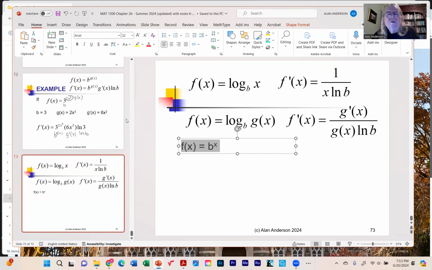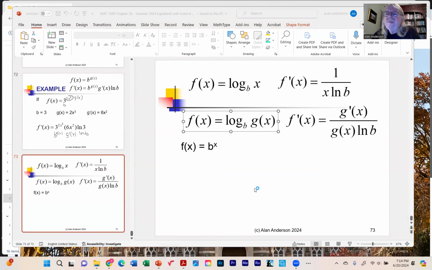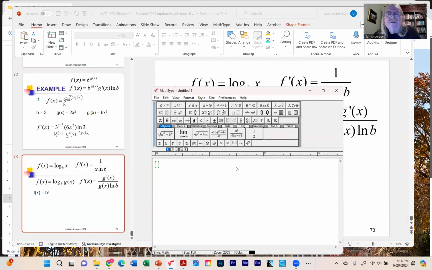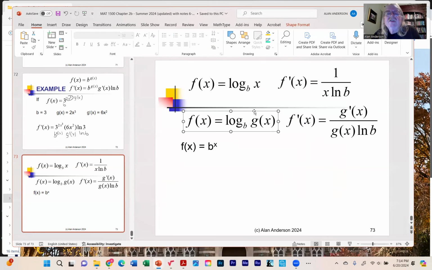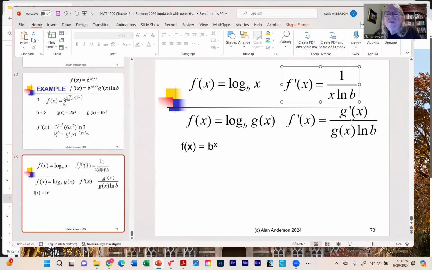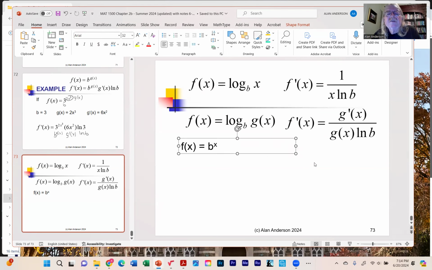By the way, if you're wondering about the differences in the font, these were created with a product called MathType. It's an equation editor that once upon a time was actually part of Microsoft Word and PowerPoint. Now you have to pay for it yourself, but it's worth it. It's not that expensive. And you can see it's really a very high-powered professional math editor. But sometimes, if you can just type it directly, you can do that too.